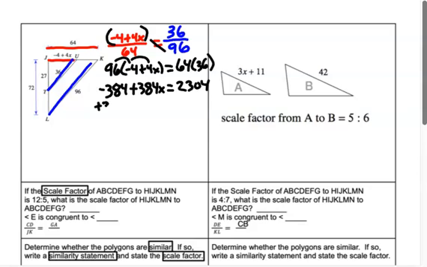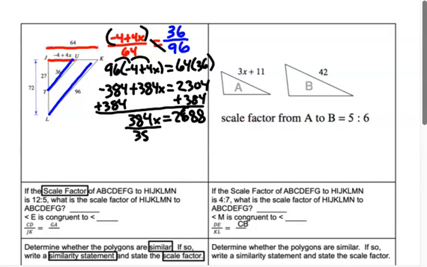Let's add 384 to both sides, and then we'll divide by 384 in our last step. 2,304 plus 384 is 2,688. Divide by 384. And we have that x is equal to 7.